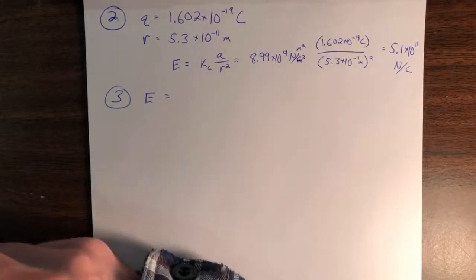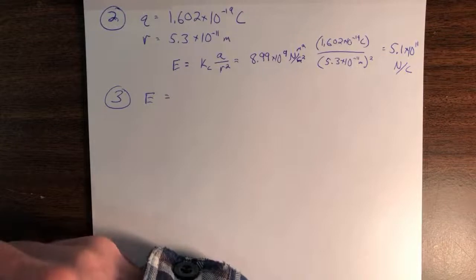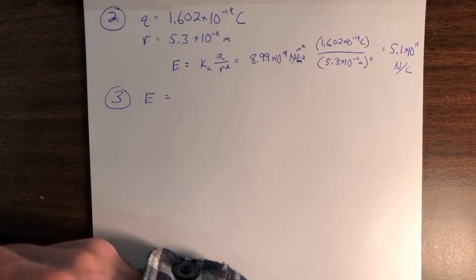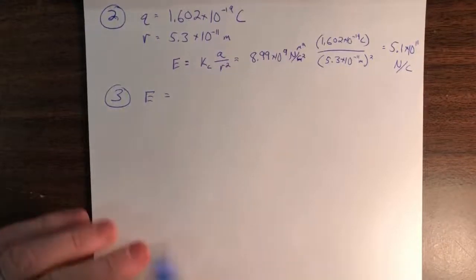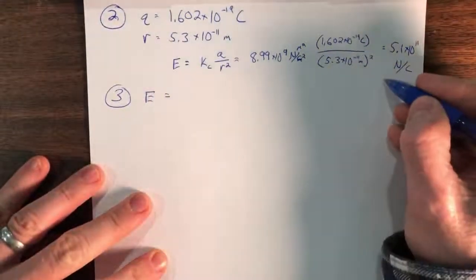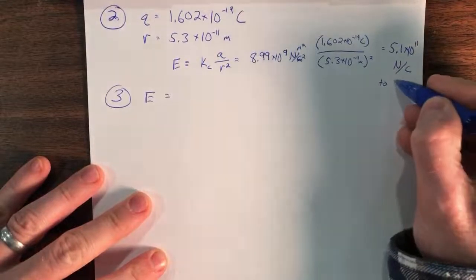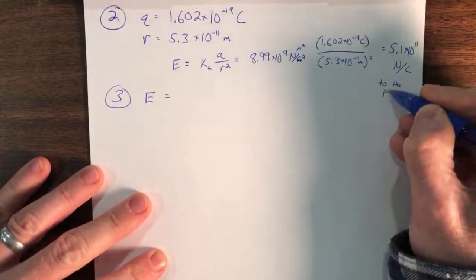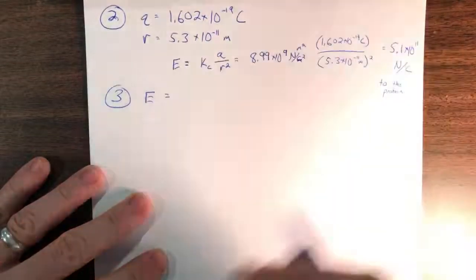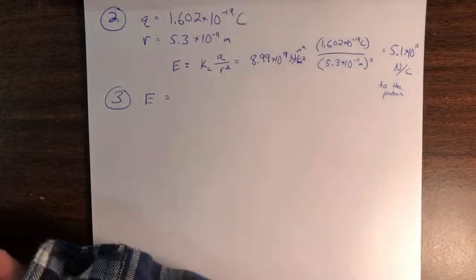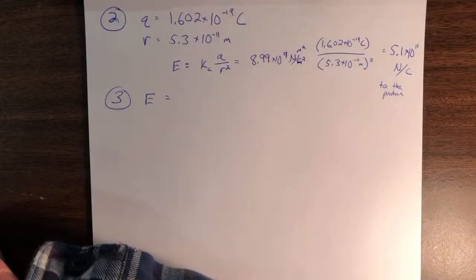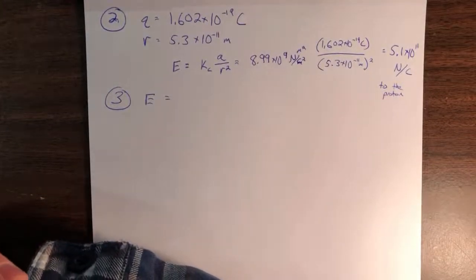I don't think they tell us the relative placement, but the question is, what is the magnitude and direction of the electric field set up by the proton at the position of the electron? And so we're going to say the electric field is going to be toward the proton, right? Because they're going to be attracting each other. All right, and so the electric field is going to be attractive toward the proton at that point.